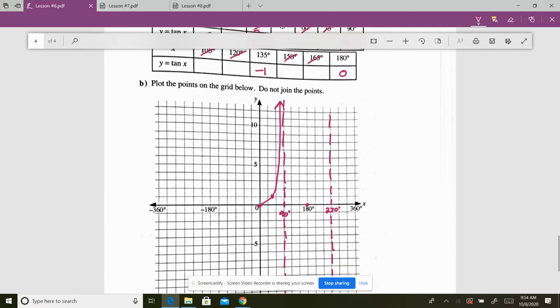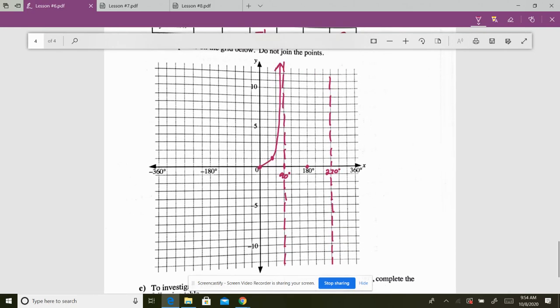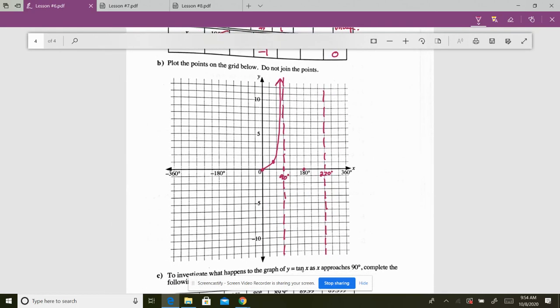And since tan of 135 is negative, the graph comes like this. I'm just going to draw the whole thing, because it goes on forever in both directions.